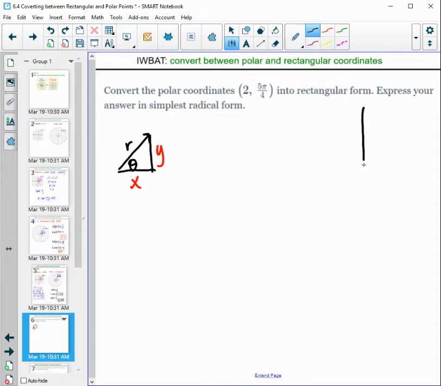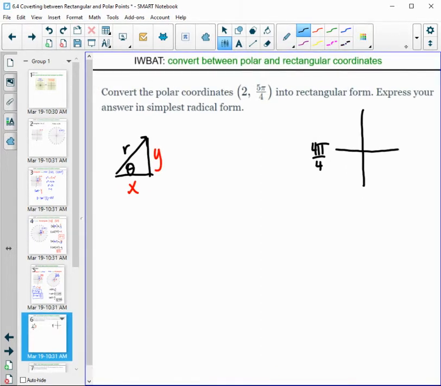If I draw these axes again, 5 pi over 4: remember, this is 4 pi over 4, because that's 1 pi. So 5 pi over 4 is here in the third quadrant, and this radius is 2.